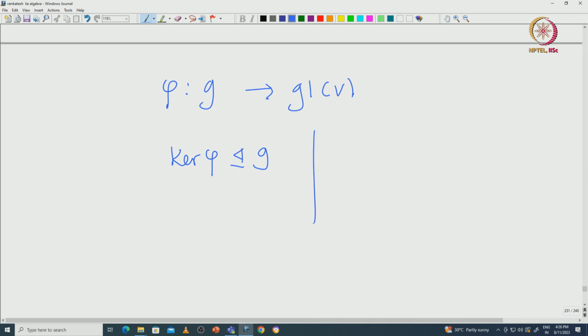In particular, modulo the kernel, we have an induced map phi tilde, which is a map from G modulo kernel of phi to GL(V). Now we have changed the Lie algebra, but it is easy to see that the action of G can be recovered from the action of G modulo kernel phi.